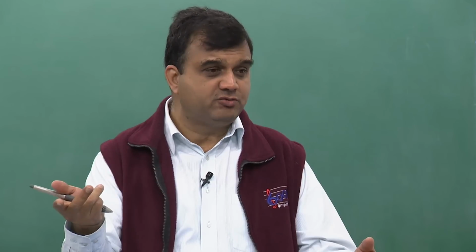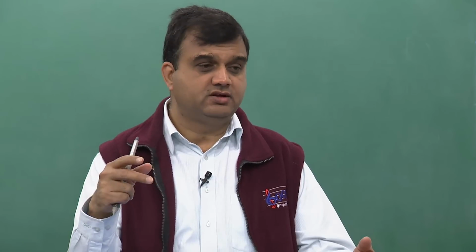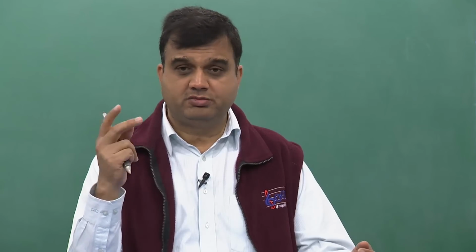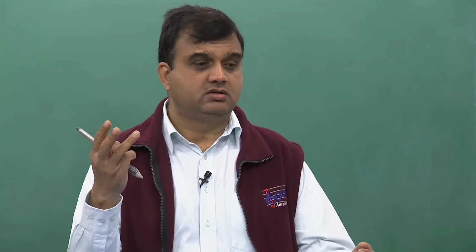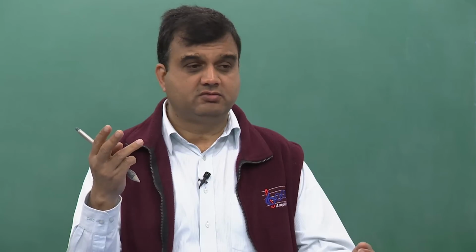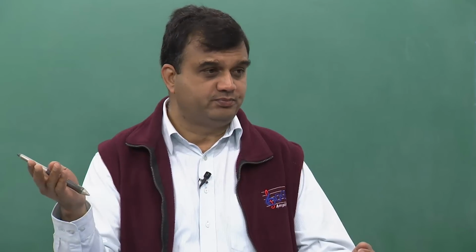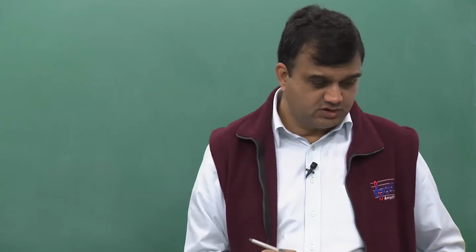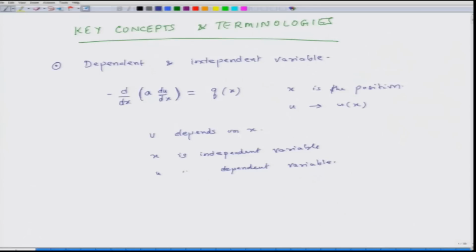If it is a dynamic problem, each of these variables, u, v and w, which are dependent variables, depend on three independent variables, x, y and time. So, that is what is about dependent and independent variables.